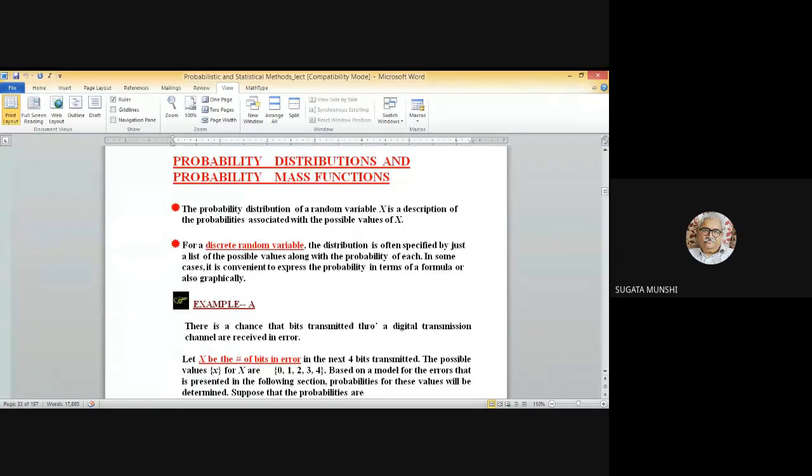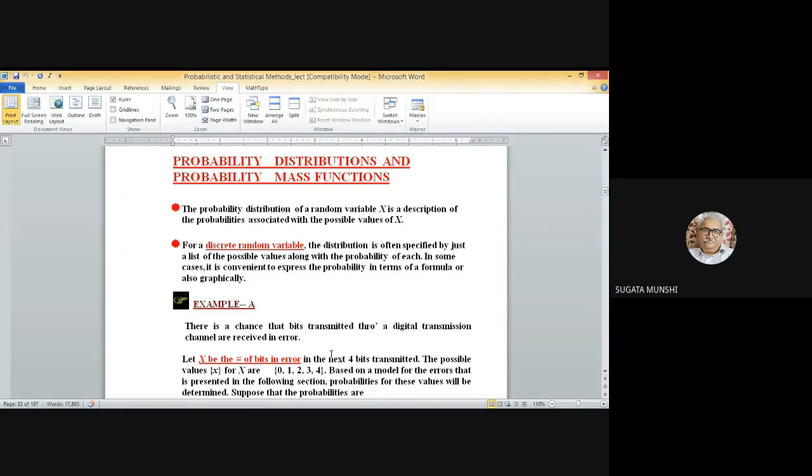Just by drawing an analogy with a beam on which certain loads or masses are placed at discrete points. This is analogous to the probability values assigned to different discrete values of the random variable. That's why it's also called probability mass function.